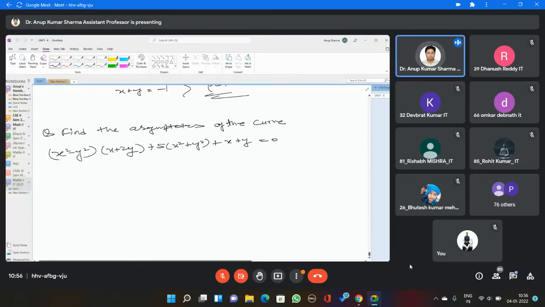So this is here in multiple form, x square minus y square into x plus 2y plus 5. Okay, it's a confusion part, so I'm writing a multiplication sign. Again, it's making confusion, looking like minus.